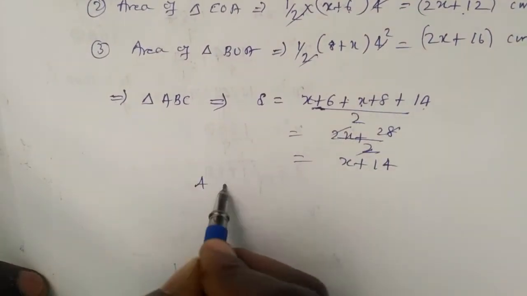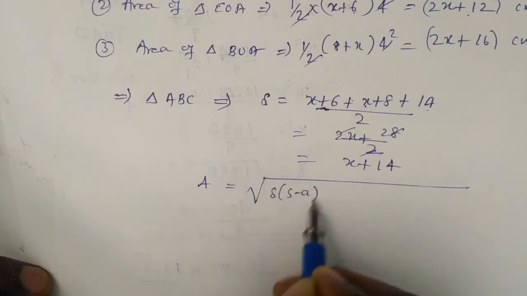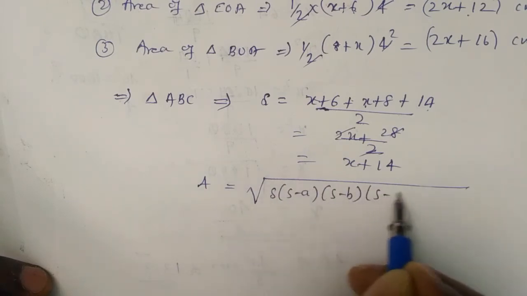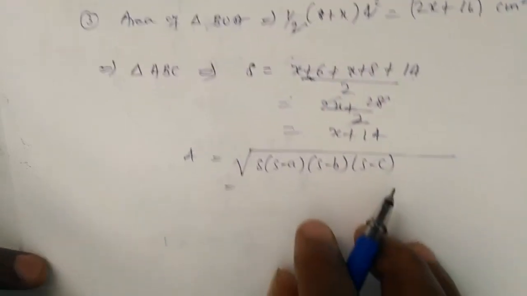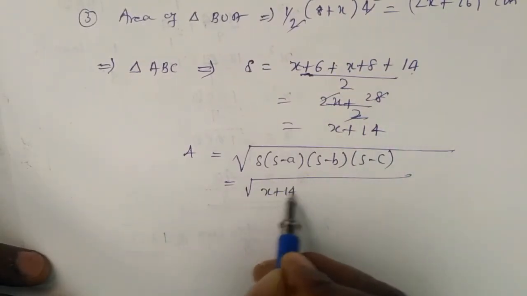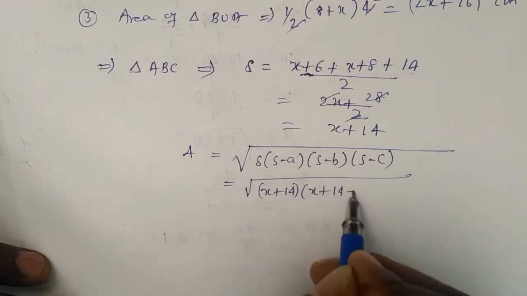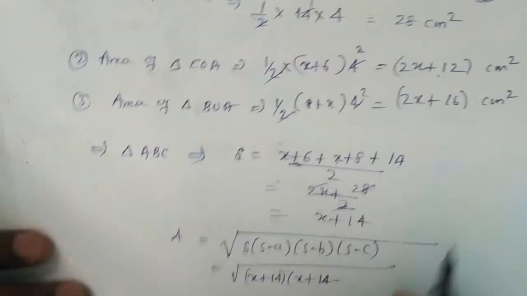Now the area. Area is equal to root of s into s minus a, s minus b, s minus c. This is Heron's formula. Root of s, what is s? x plus 14, into s minus a, that is x plus 14 minus a. Which is one side? 6 plus x.